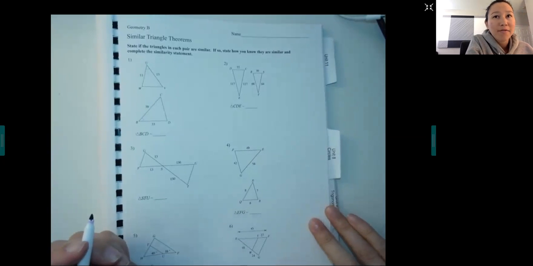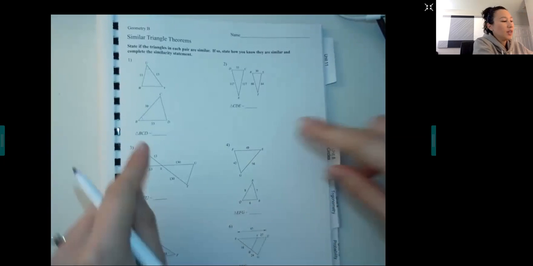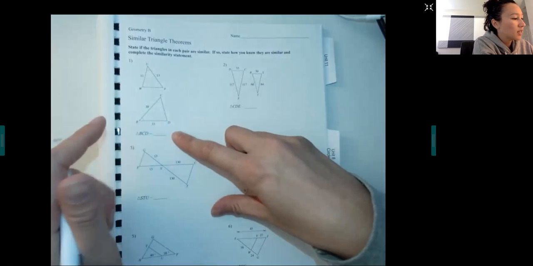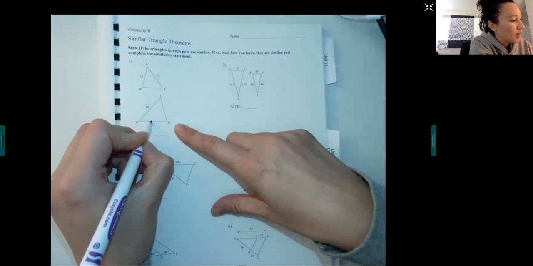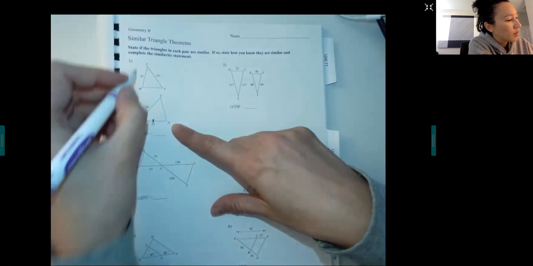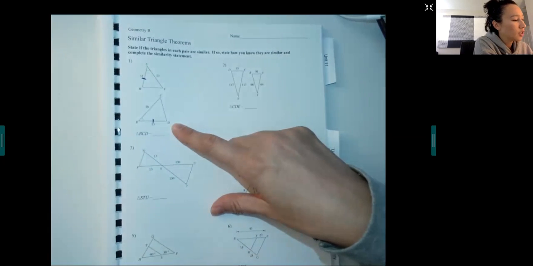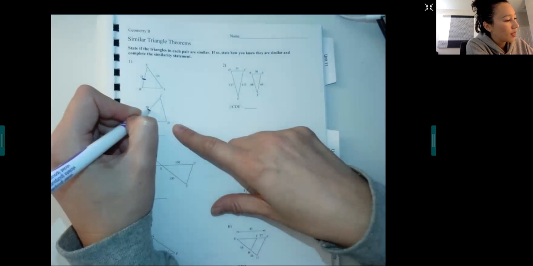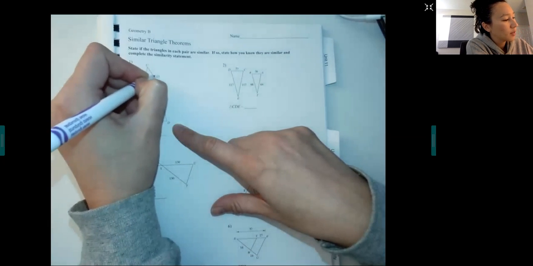If you turn this one to the right so that this angle's at the top, then it's easier to see the corresponding sides. So 33, our shorter side, corresponds to the shorter side here, which is 11. And the 39, the longer side, corresponds to the longer side here, which is 13.